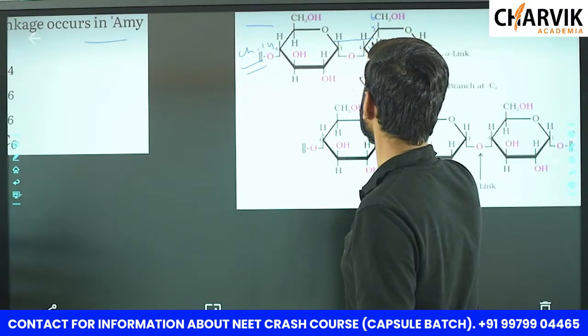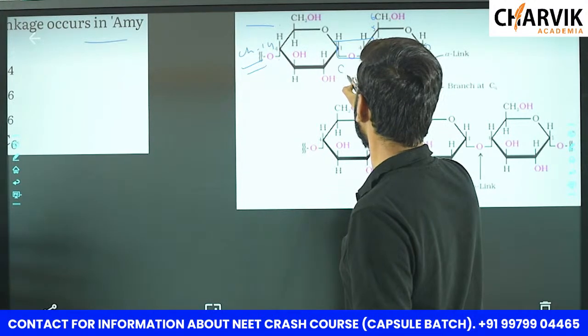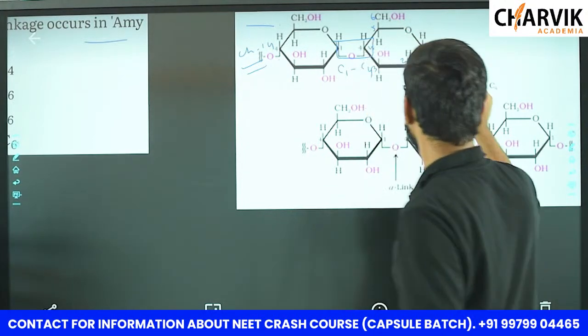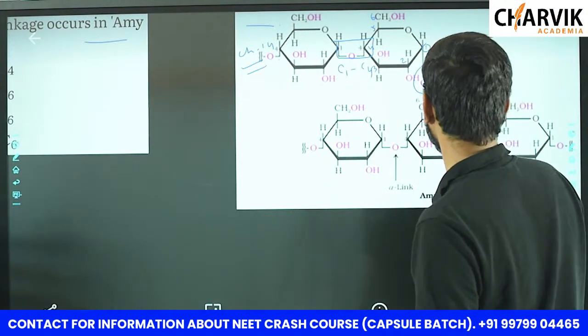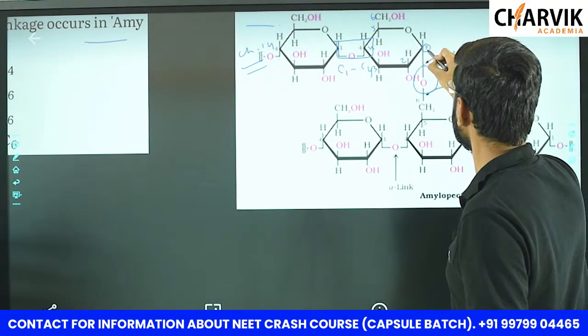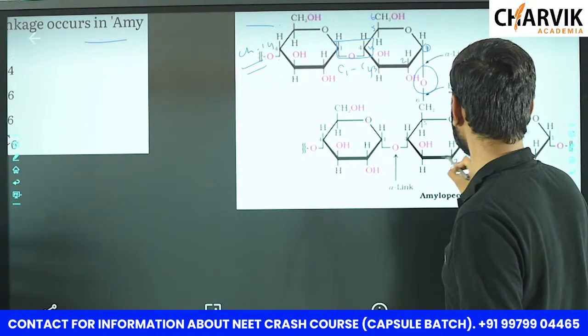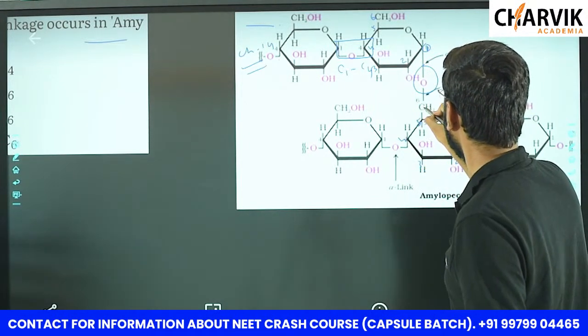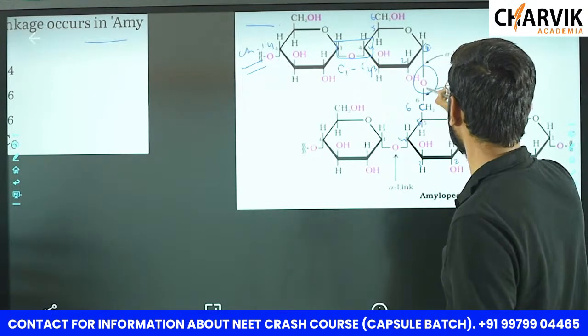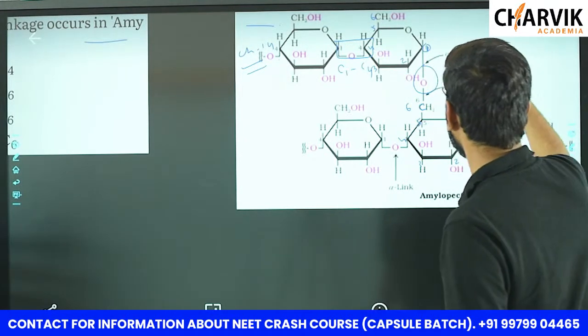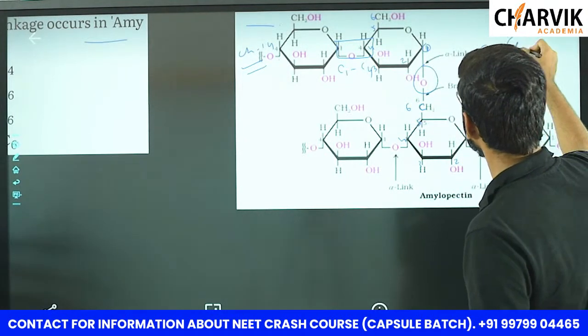Glycosidic bond is formed between C1 and C4. And here also glycosidic bond is present. This is your first carbon again, second, third, fourth, fifth, and this is your sixth carbon. And glycosidic bond is formed between C1 and C6.